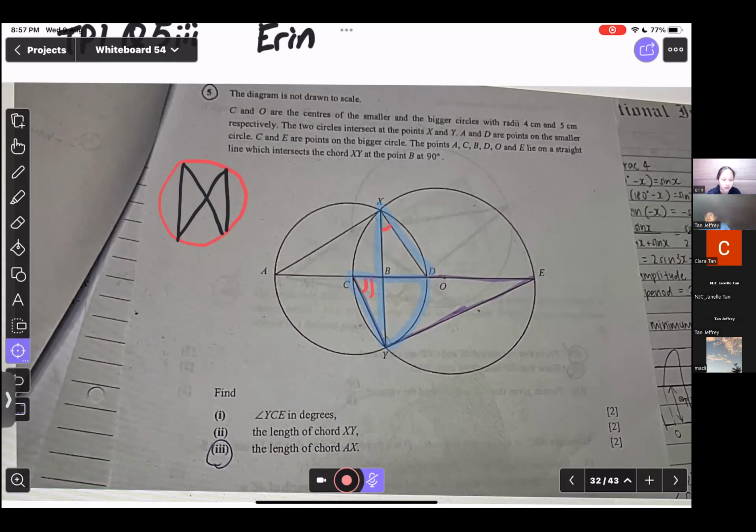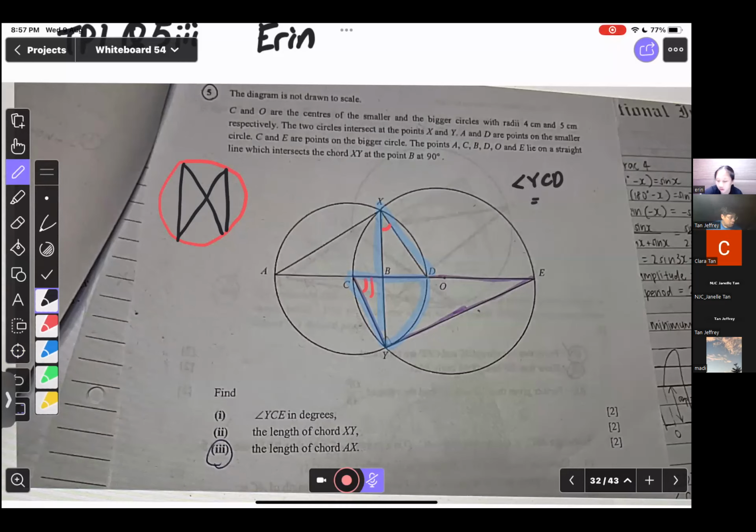Okay, then after that, I believe YCD you found earlier, is it? Am I right to say that YCD is something you found earlier?